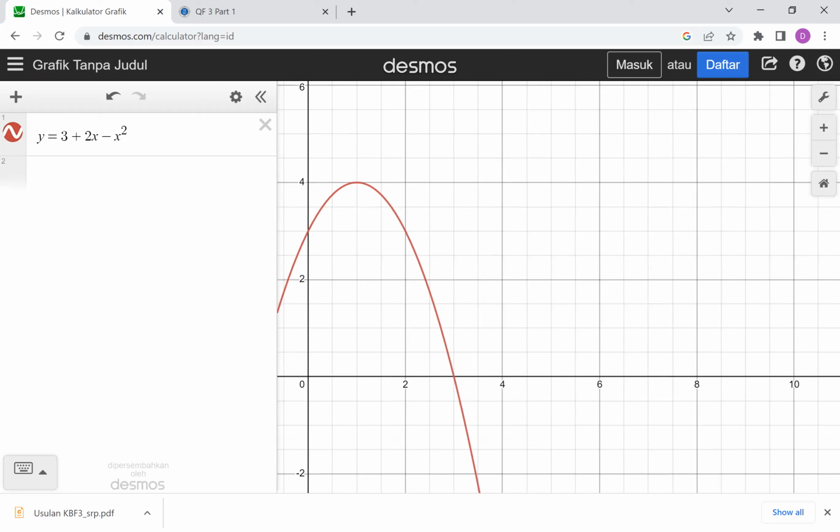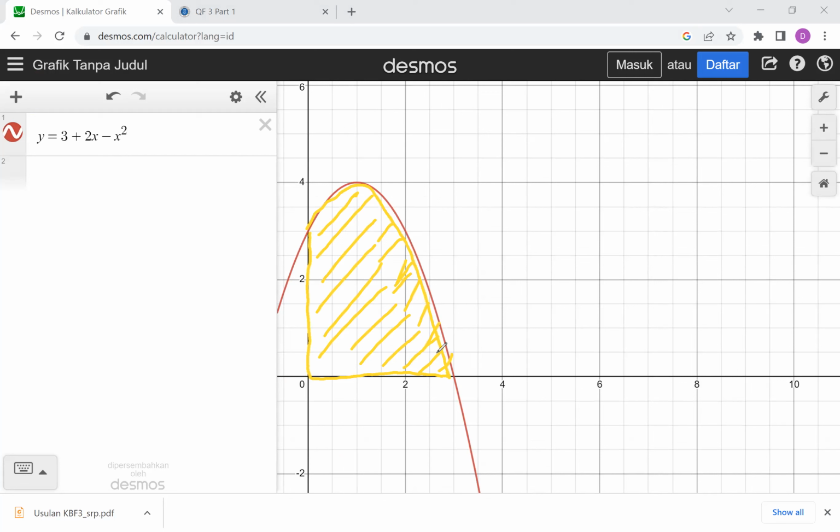Okay, so the region here is as follows. Here is the yellow region.